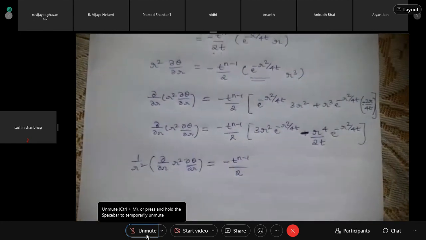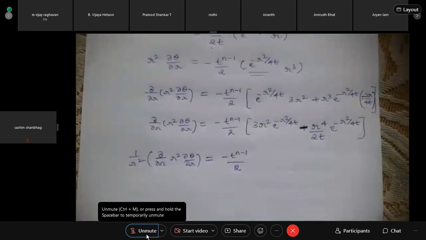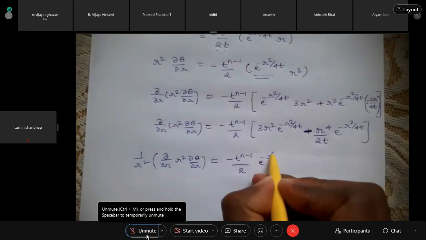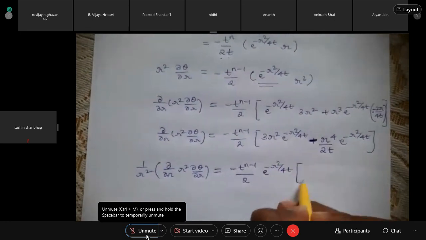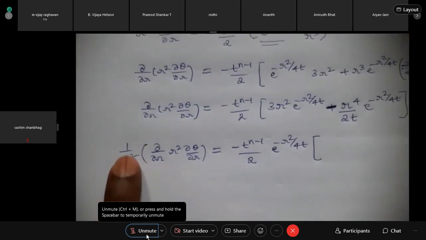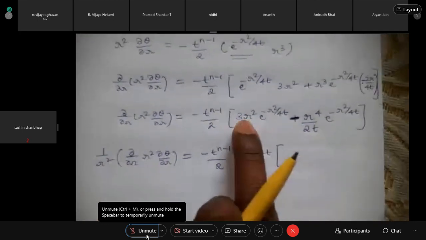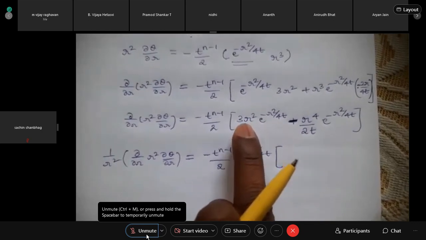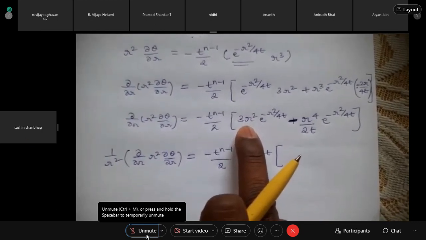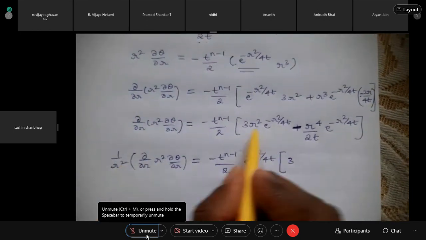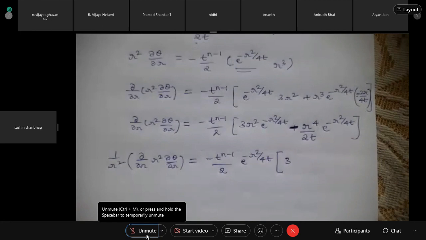Can we take something common from these two here? e power minus r square by 4t is common. Please have in mind that you are distributing 1 over r square inside. What happens to this term when I distribute 1 over r square inside? The r square will get cancelled, right?